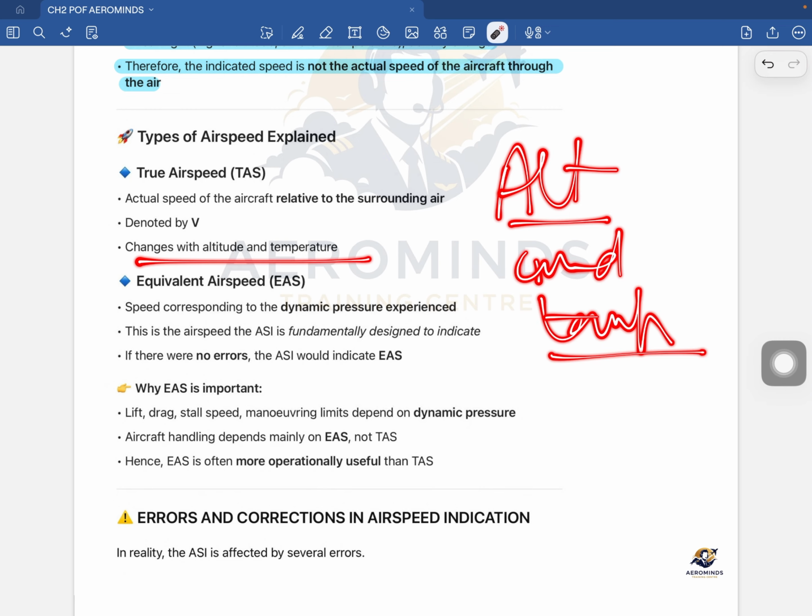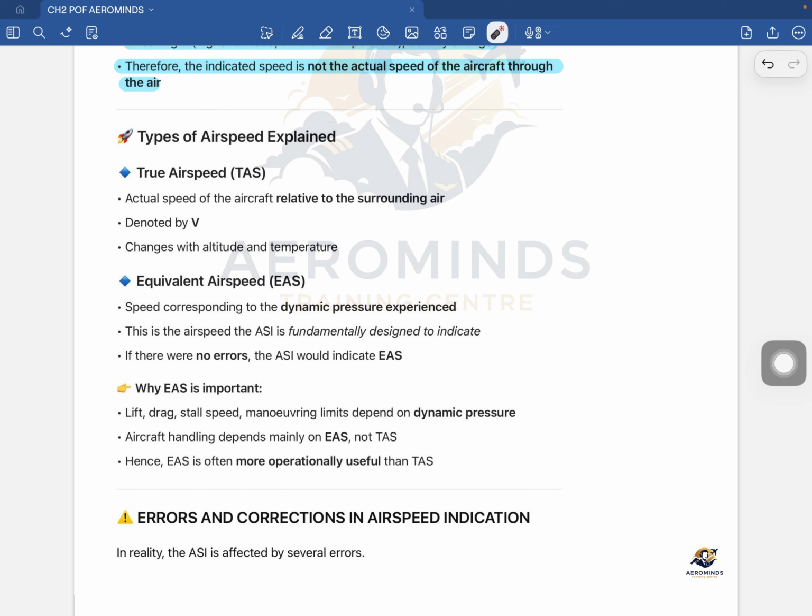As you go higher, for the same indicated speed, the true airspeed will increase, because the air gets thinner and you have to move faster to create the same pressure. I hope you get it. So remember this: true airspeed is the actual speed of the aircraft relative to the surrounding air. It is denoted by V, and it changes with altitude and temperature.